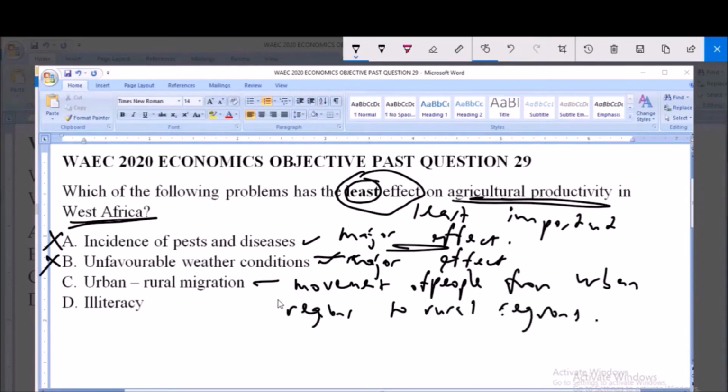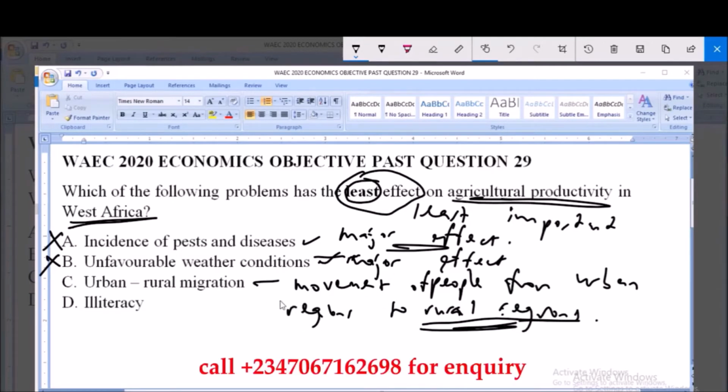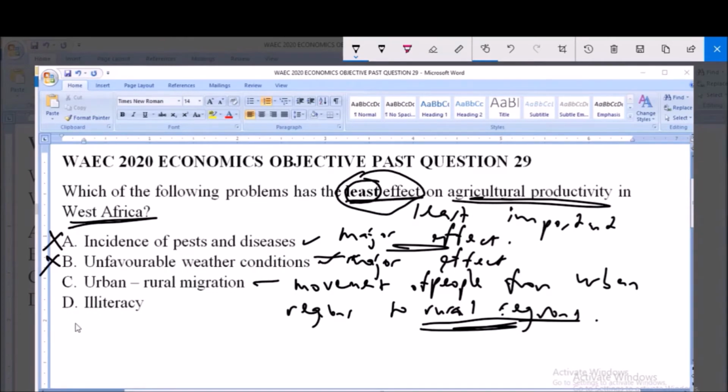If we think of this, it does not really affect agricultural productivity majorly, because when people move from urban regions to rural regions, you even have more hands for agricultural procedures, as most agricultural activity in West Africa is carried out in the rural regions. The major problem is rural-urban migration. Rural-urban migration can be seen as a major problem, but urban-rural migration is not, so it has a minor effect.